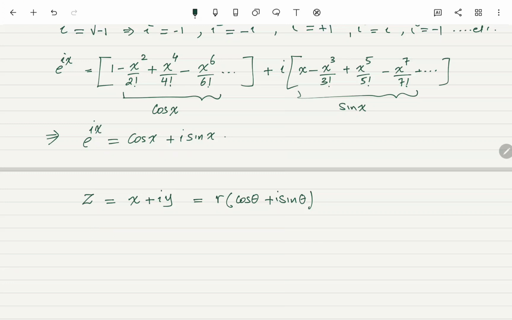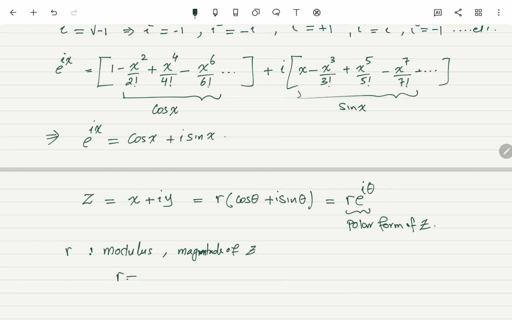So in this case here, this will be equal to r e to the i theta, and this is the polar form of z. R in this case is called modulus, or the magnitude of z.